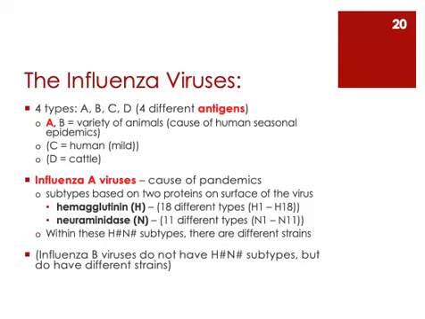Now, type A and type B are found in a variety of different animals, including humans. So yes, humans are not the only animals that can get influenza. Types A and B are the types of influenza that cause what we refer to as seasonal flu, the kinds of seasonal outbreaks that you see.